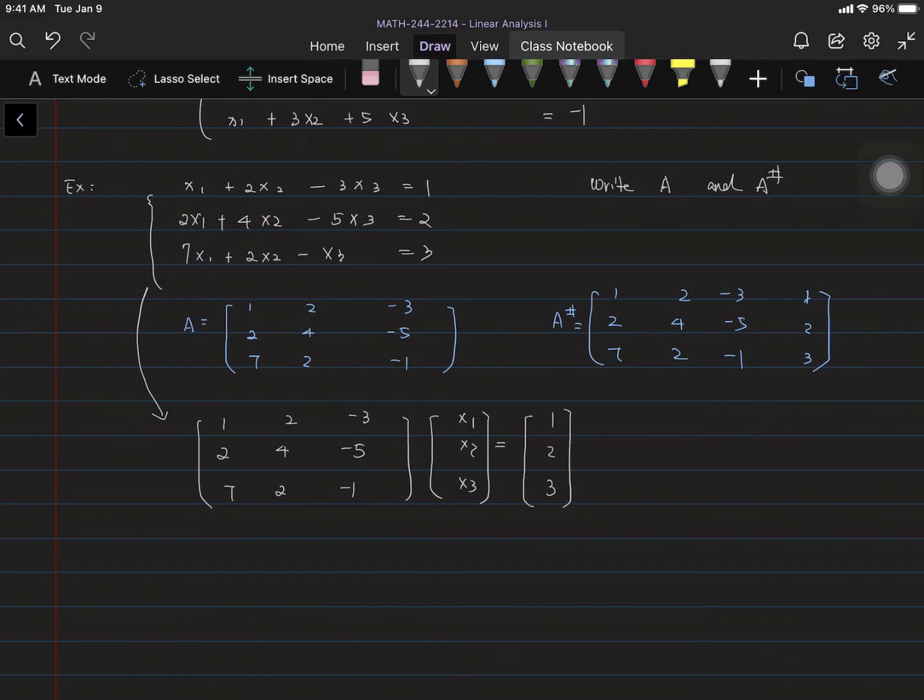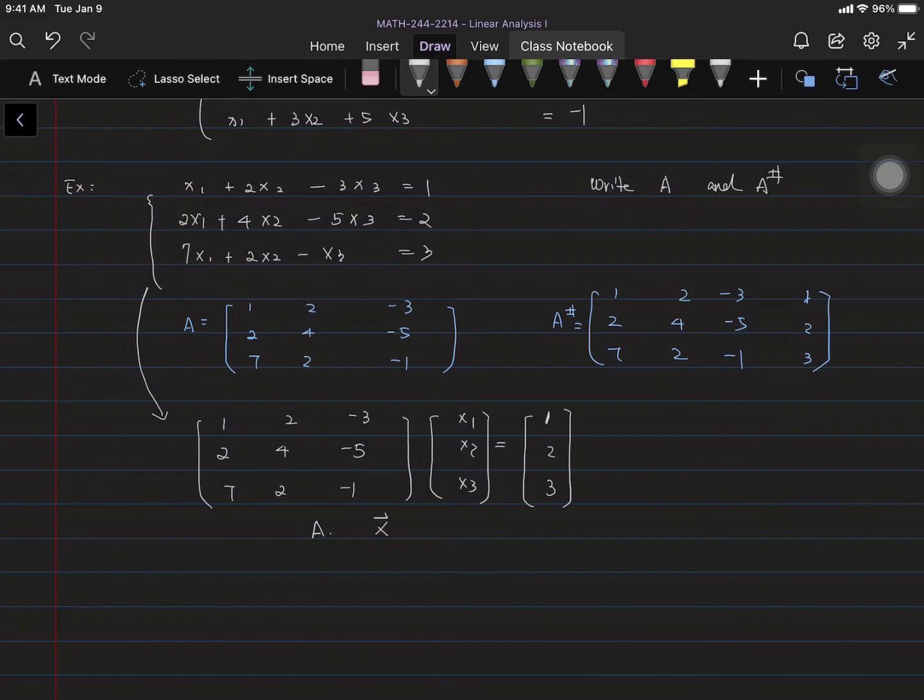Let's take a look at the left side. Is that correct? If we do the product of A and x, where we make x a column vector, we use the first row times this column, which gives us 1 times x1, 2x2, then 3x3, and that gives us the first equation, which equals 1.